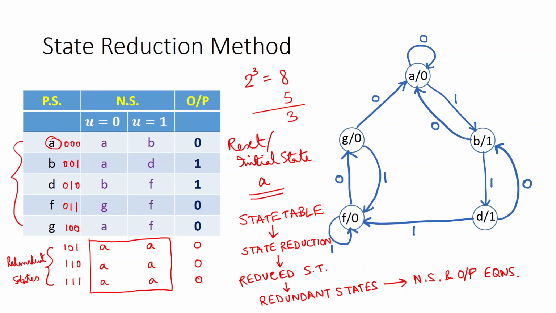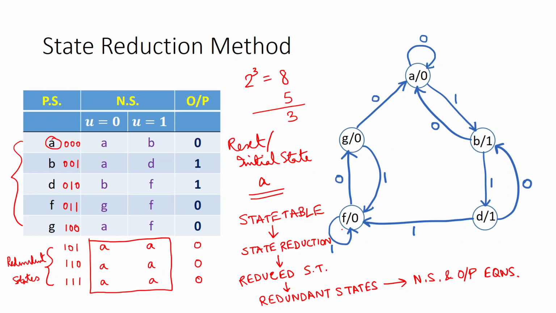Normally this will not happen, but if it happens, then the circuit should have a provision to go to the reset or the initial state. If you don't include this provision, then you will not draw up a circuit which is able to do so. So this has to be included.